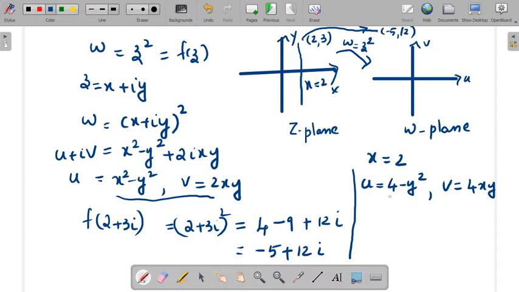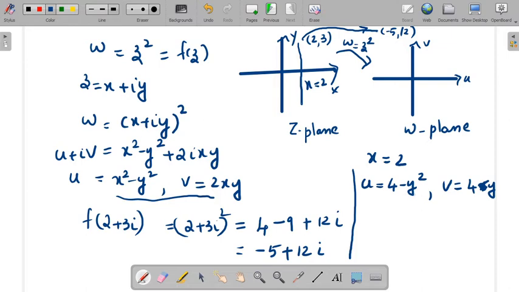So when you take these expressions, what we expect is the image of this line x is equal to 2 in the w plane. In the w plane, a curve will be a relation between u and v. We have two different expressions for u and v, which involve the variable y, since we have substituted x as 2.